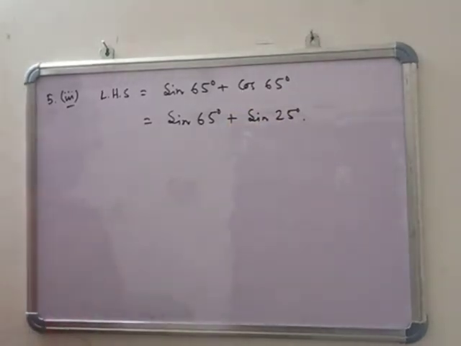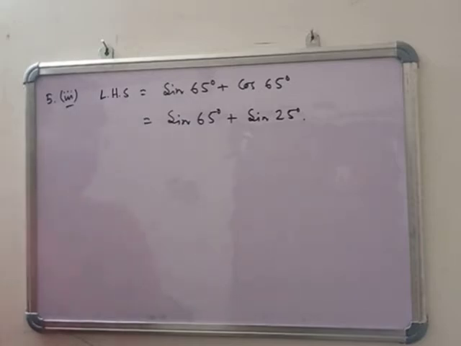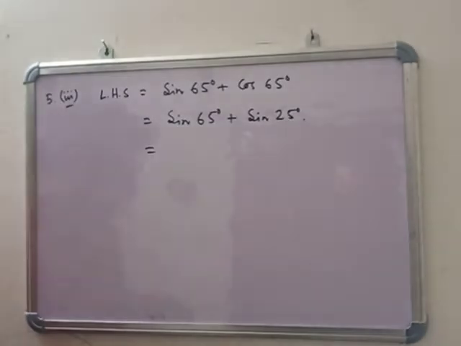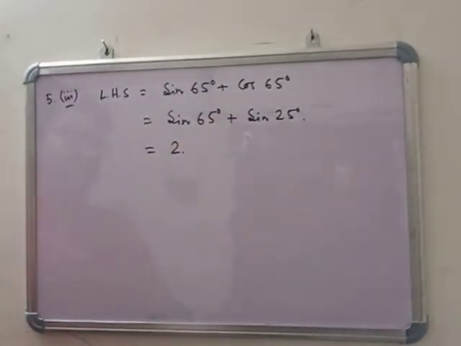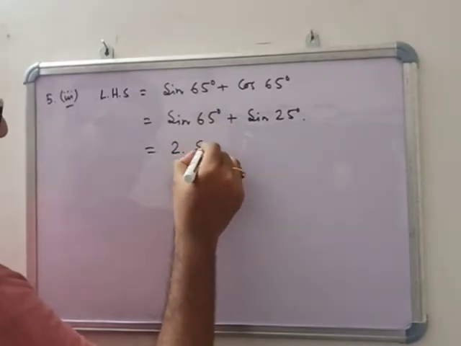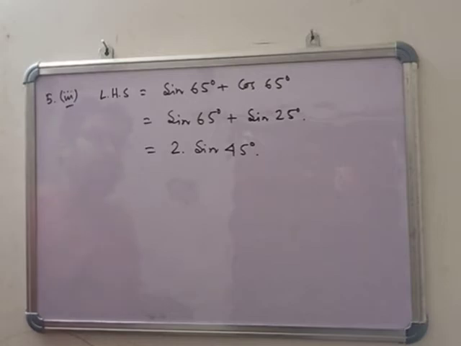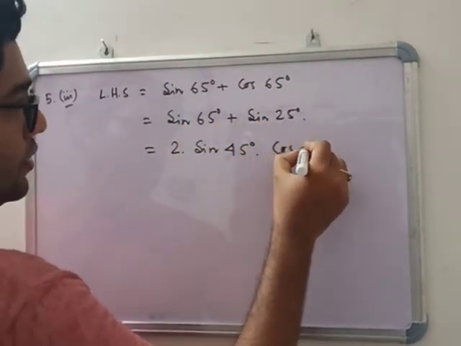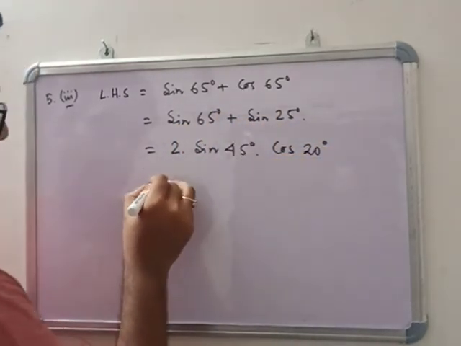So you know that cos 65 and sin 25 value are same. So sin C plus sin D. Okay. 2 sin C plus D by 2, that means 90 by 2, that is 45, and cos of C minus D by 2, that means cos of 20 degree. Okay.